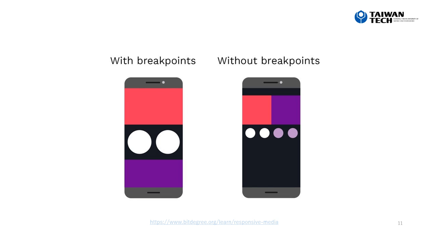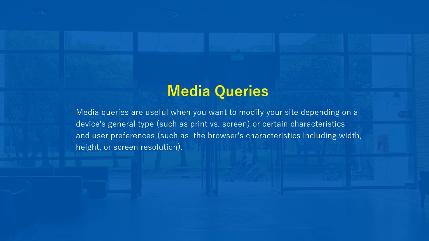So I think the breakpoint is really critical and can help all users gain useful information at the right time. So what is media query? Media query is very useful and can help us modify our website depending on a device's general type. What is the general type?